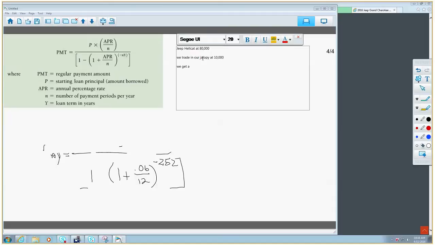Is that fair? We get a 6% APR. It's not APR with a car, but it's the same thing. And we will finance it for 5 years. Calculate one, the monthly payment, and two, how much did we really pay for this Jeep?